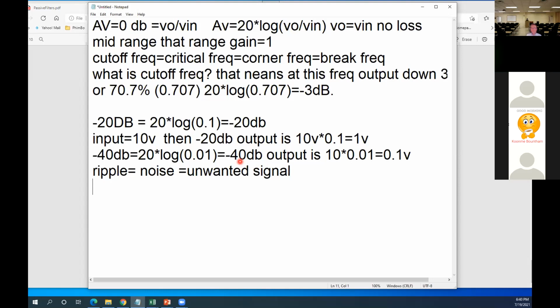Normally you can see ripple will be on top of the DC, right? 10 volt or 5 volt. On top, they have the ripple. That means they have noise.